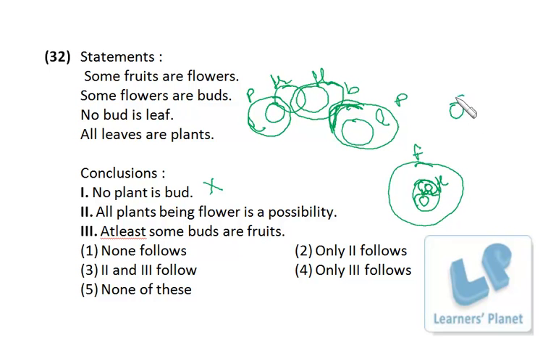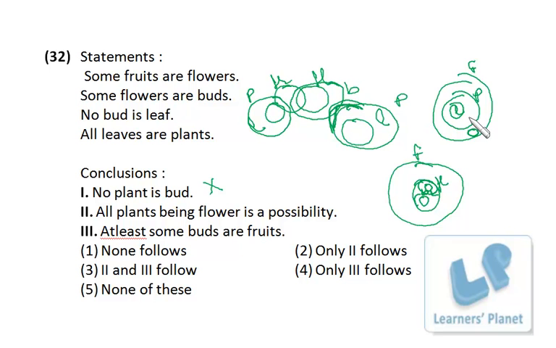The scene is like this. That is flower. Then some flowers are buds. I'm sorry, this is plant and this is leaf, and there is a different circle that is buds, right?